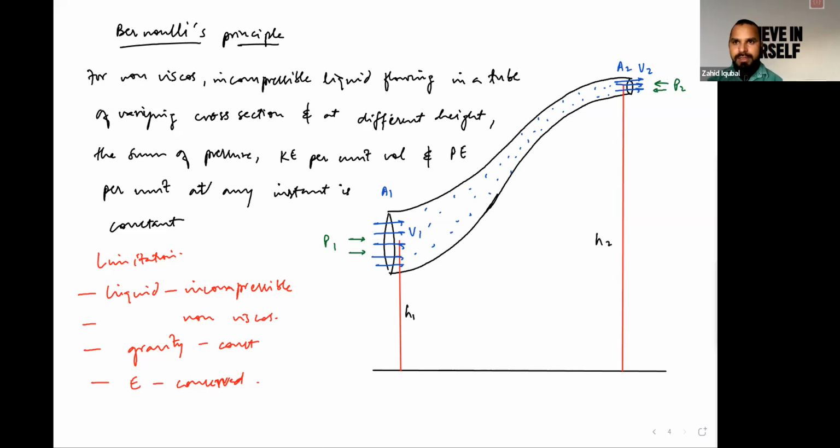This pressure difference will do some work to move liquid from the lower end to the higher end. So first we define work done due to pressure difference. Work done is equal to P1 minus P2 multiplied by volume.